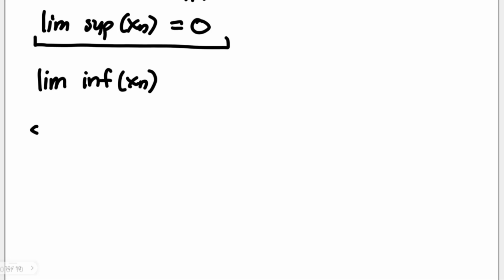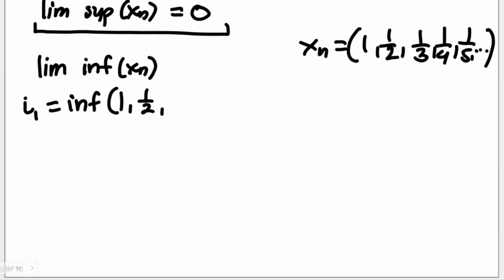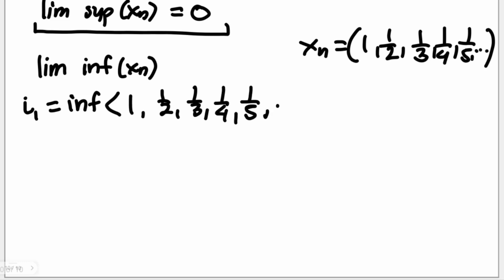Let's use I. Again, our x sub n is 1, 1 half, 1 third, 1 fourth, 1 fifth, and so on and so forth. So let's have I sub 1, which is the infimum of the entire set here. Let me use this bracket so that it is similar: 1, 1/2, 1/3, 1/4, 1/5, and so on and so forth.